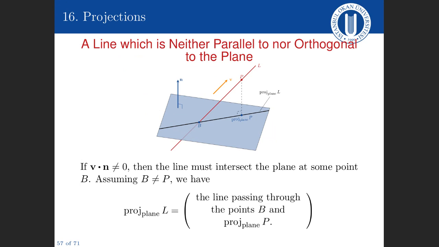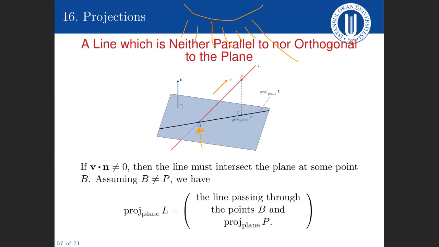And finally, what is the projection of the red line onto the plane, or the shadow of the red line onto the plane? This line must intersect the plane at some point. Let's call this point B. Point B is on both the red line and its projection, its shadow.